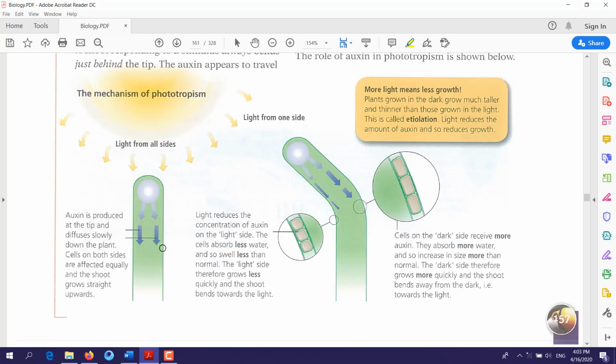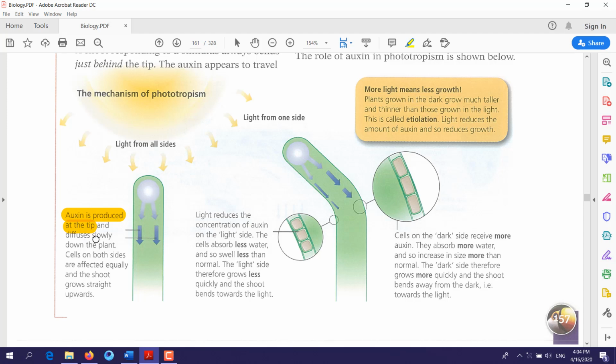Now, the mechanism of phototropism. As we said, a plant or a part of a plant will grow in response to light. Auxin, this hormone, is always produced at the tip of the plant, for example the tip of a shoot, which is a stem.